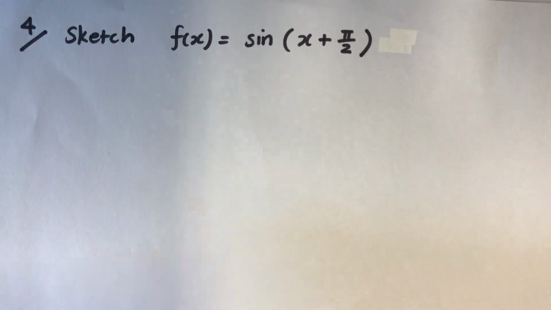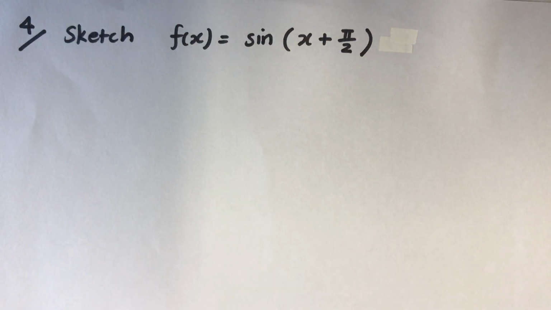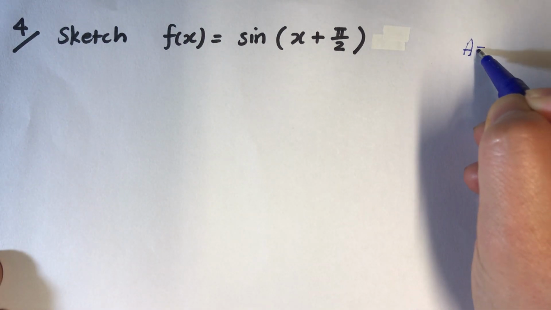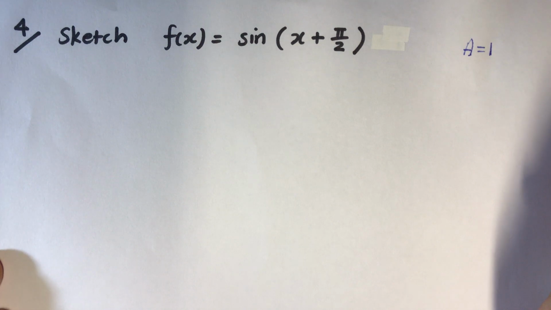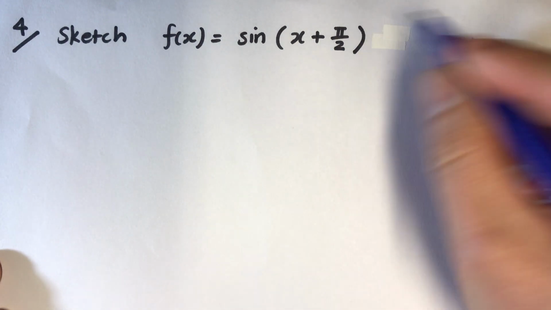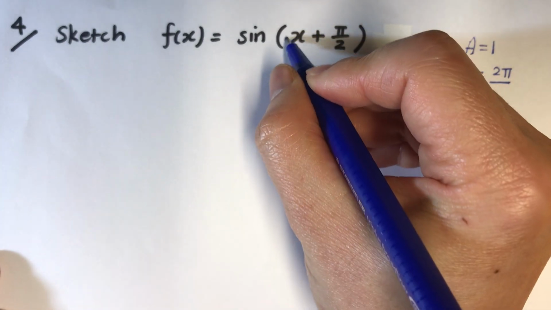Let's have a look at number 4. This one is a shifting. So what do we have here? We got amplitude 1 and period will be 2 pi because it's a sine, that's 1 here.